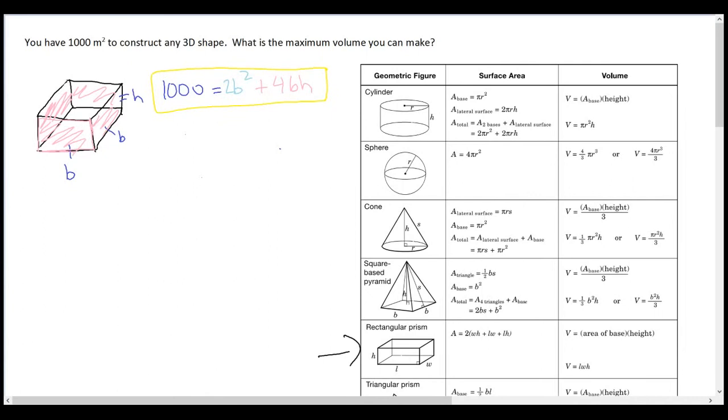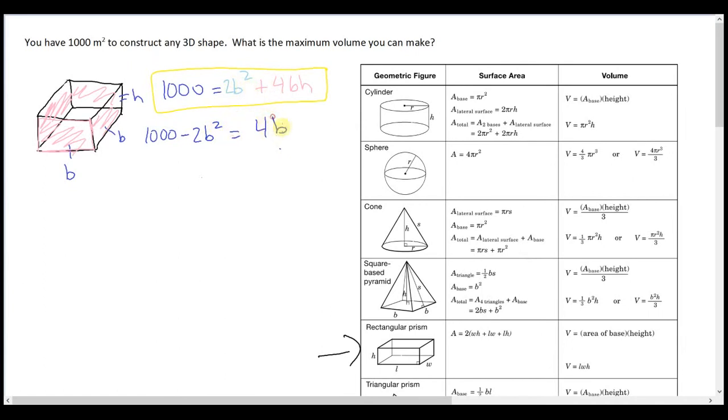Similar to what we did for the cylinder, we want to be able to pick one of these values and solve for the other one. So we want to maybe pick b and solve for h. So we'll need h by itself. We're going to use the same steps to isolate h. We have to subtract the 2b squared from both sides. 1000 minus 2b squared. We subtract it from the right-hand side, so it's gone.